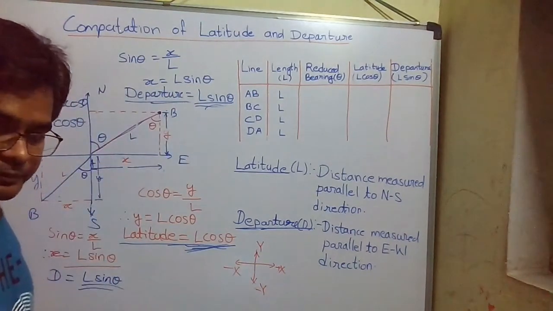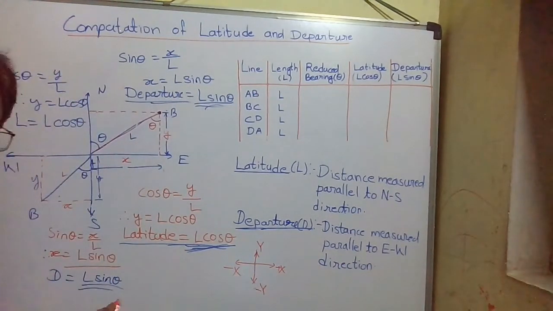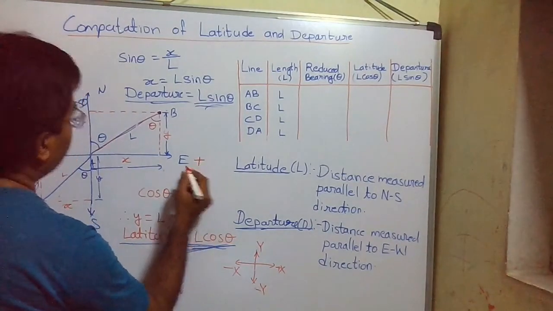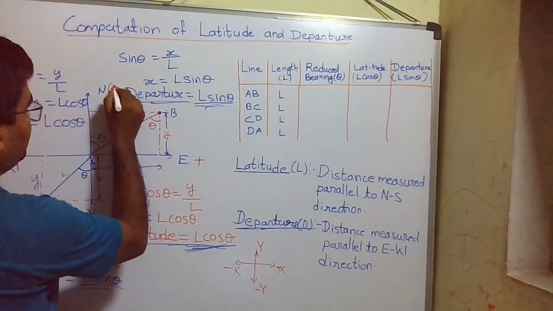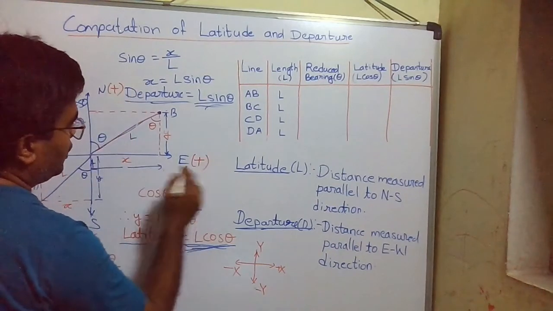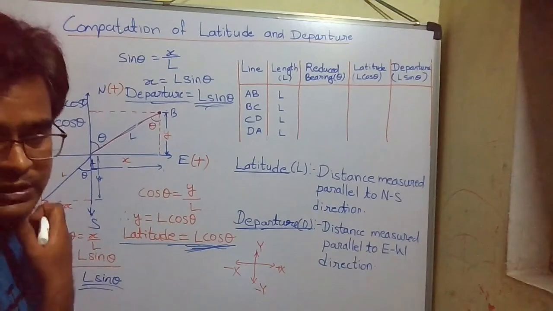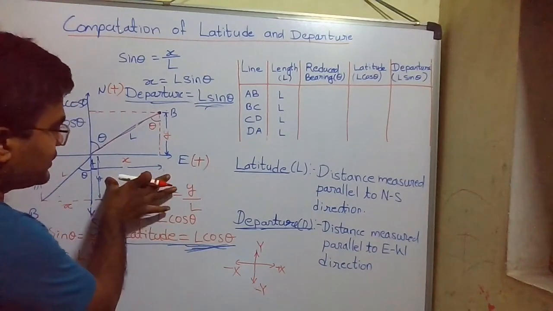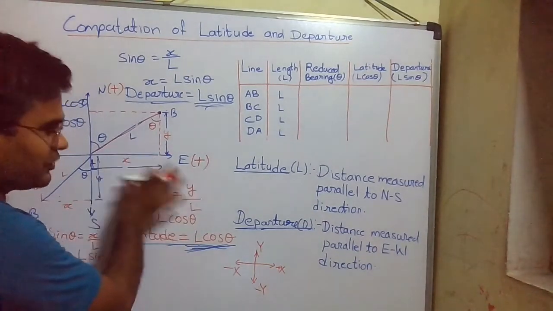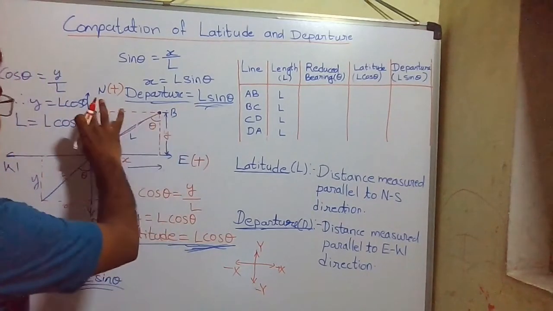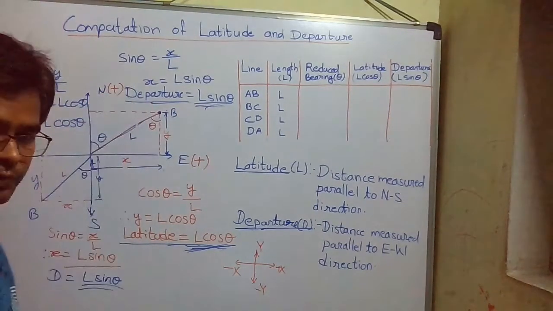Here also, east is positive and north is positive. If departure is along east, then departure is positive, and if latitude is along north, then it is positive.